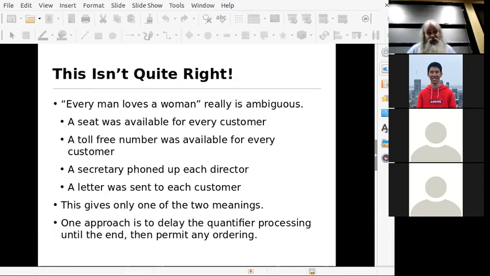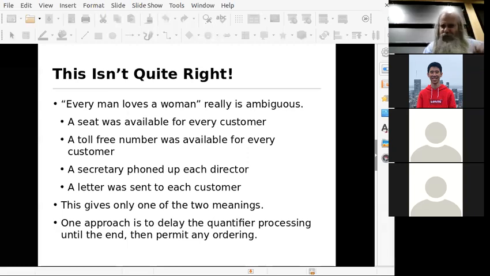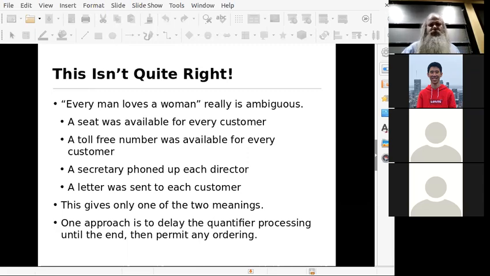I think you'd be pretty upset if you received a letter from your electricity company and at the end of it, it said, please pass this letter on to your neighbor. What? Okay, because that letter is being passed on to every customer. So you have to go next door and give it to them. That's not what it means, probably, okay? So all of these have sort of got an understood reading or an underspecified reading. And in first order predicate logic, we sort of have to care about it.